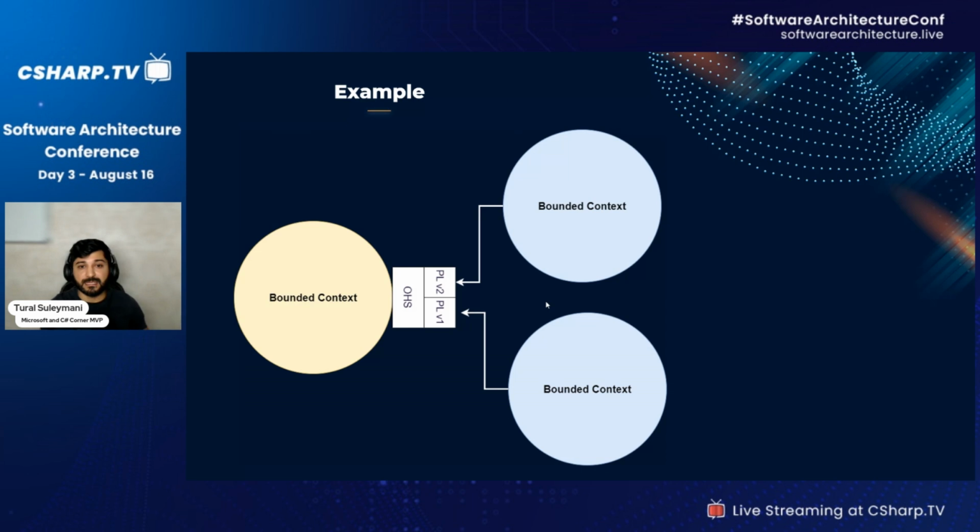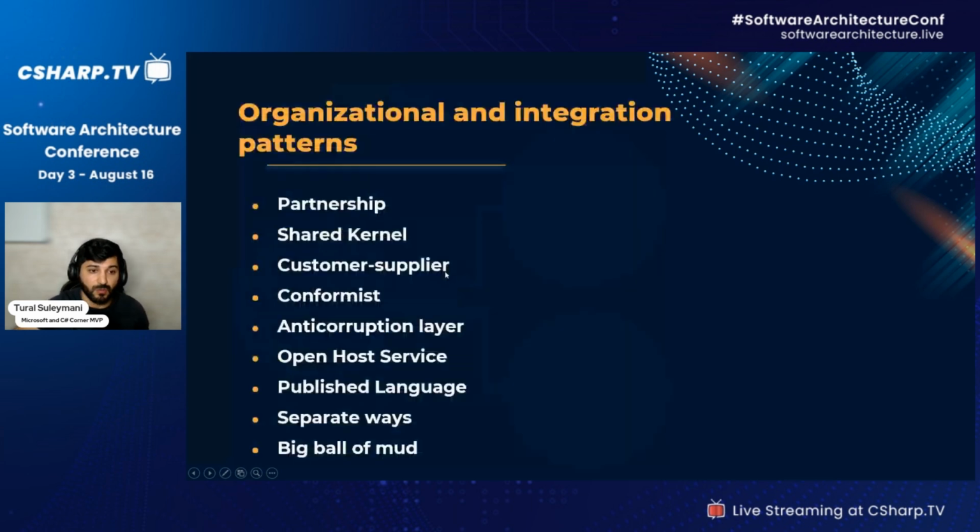So this is a simple example. So you see, let's say we have 3 bounded contexts and we have open host service here. This is an organizational and integrational communication mechanism, and we are applying published language. This is also one of the organizational integration patterns here, published language. So you see we have open host service, we have published language.